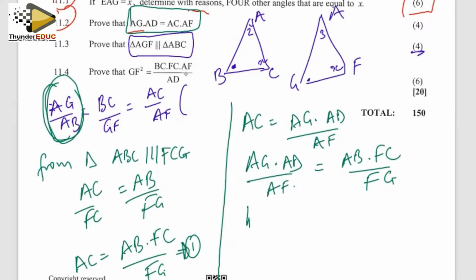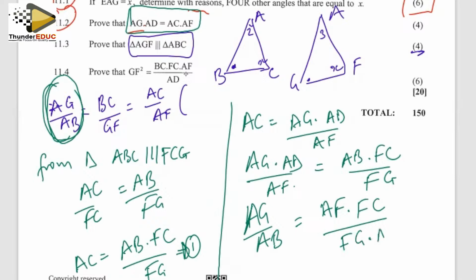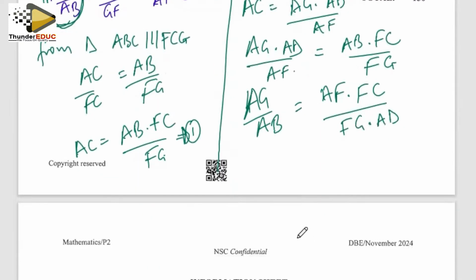So I have AG over AB. If I bring this one down, I'll have my AF multiplied by FC over FG multiplied by AD. We're not yet there, we're almost. Call that probably equation number 2.